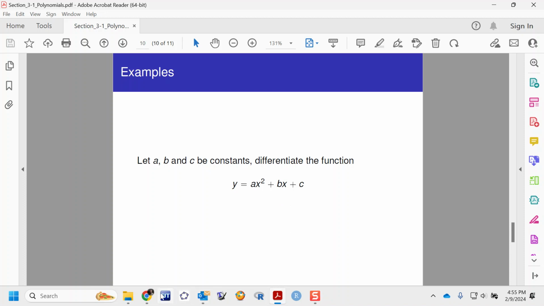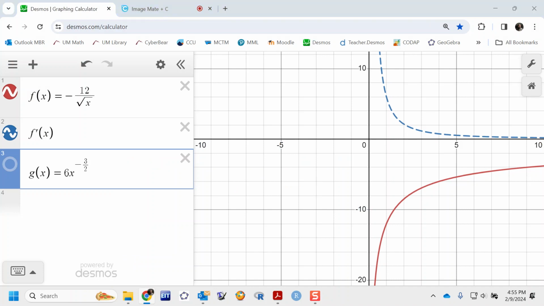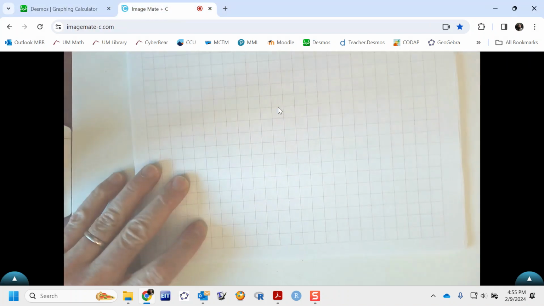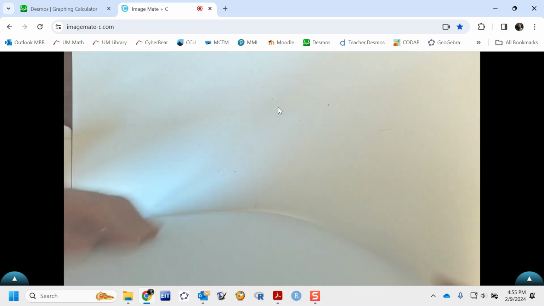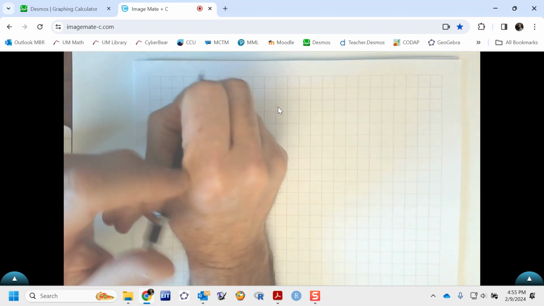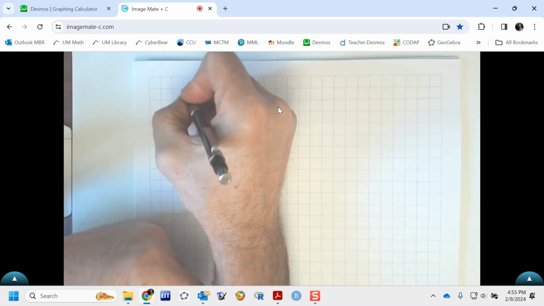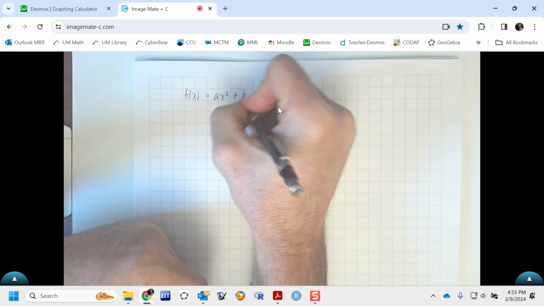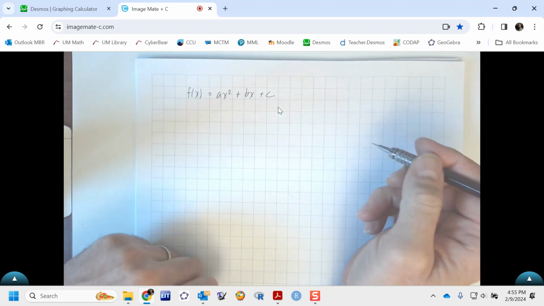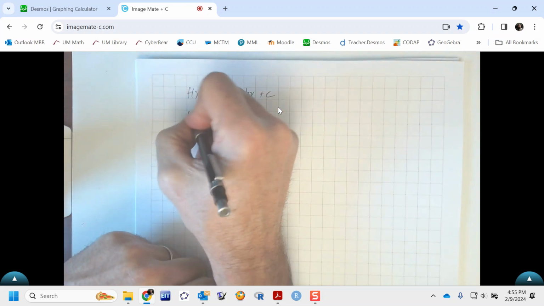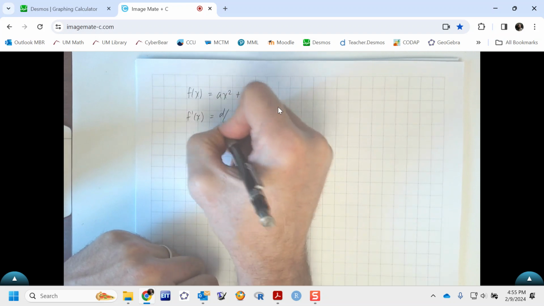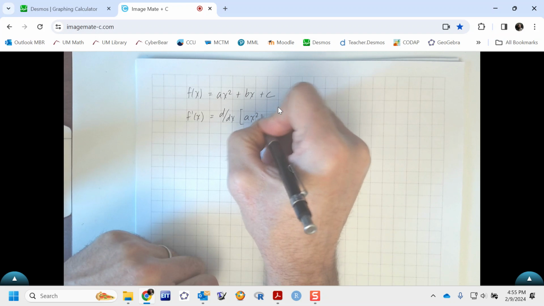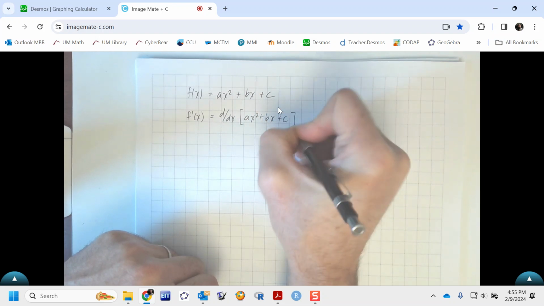Let's just see. So let's see, what do we want to know? We want to let f of x be equal to ax squared plus bx plus c, right? And we're after f prime of x, which is going to be the differential operator applied to the function ax squared plus bx plus c.